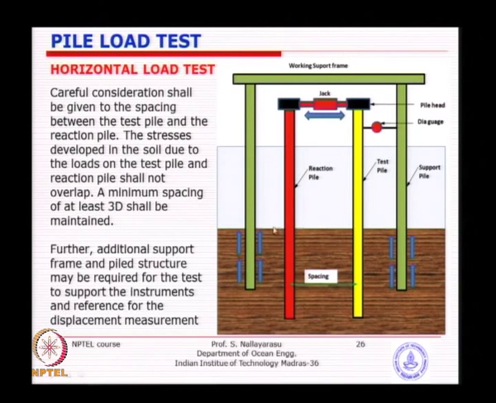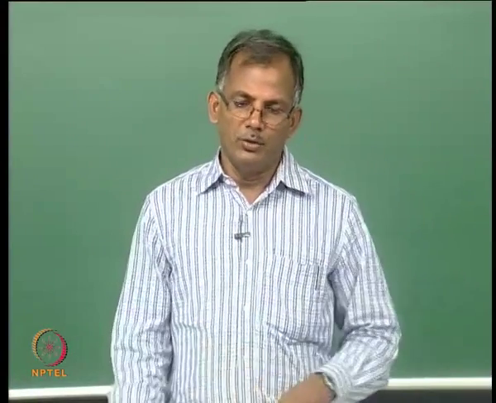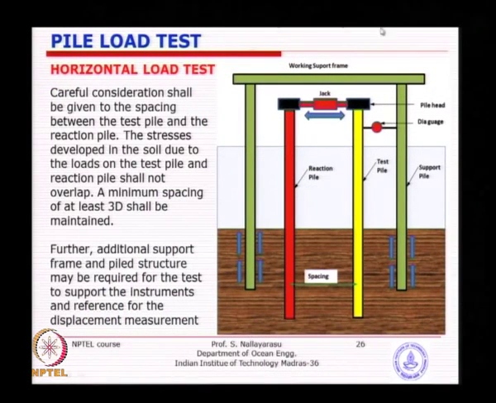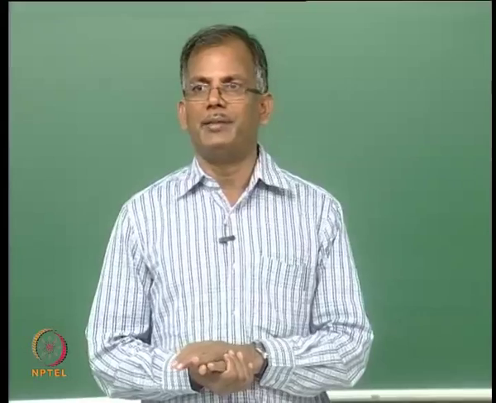So you will see that horizontal load test becomes reasonably expensive because you have a reaction frame and you also have a reference frame. The green color you see is a reference frame, against which you will measure the displacements, and they need to be placed at sufficiently wider spacing.